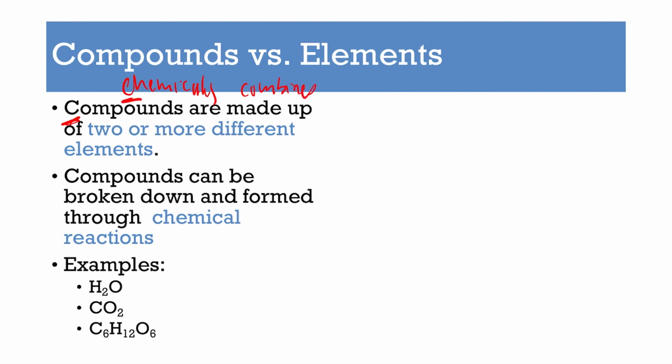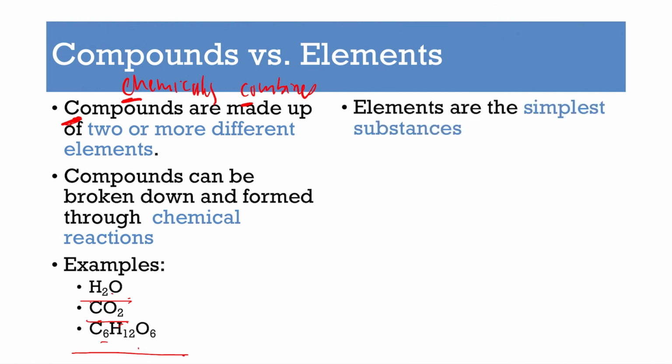So there is that chemical, combined, compound, all those C's. Now, compounds can be broken down and formed through chemical reactions. You can't just put the two molecules together in your hand. So some examples, H2O, CO2, and glucose. You have two or more different elements stuck together chemically to form that compound.